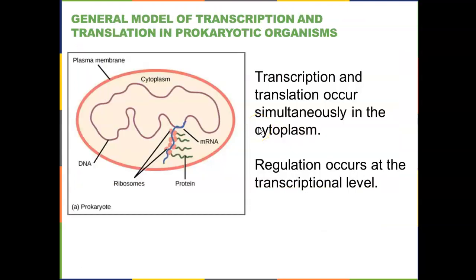All right. So some general models. We'll take a look at transcription in prokaryotes and eukaryotes right here, and then we'll look in a bit more detail. So here we've got an illustration of just a very simple schematic of a prokaryotic cell. So we've got the cell membrane. Recognize there's almost surely a cell wall outside of this, but it's not important for this conversation.